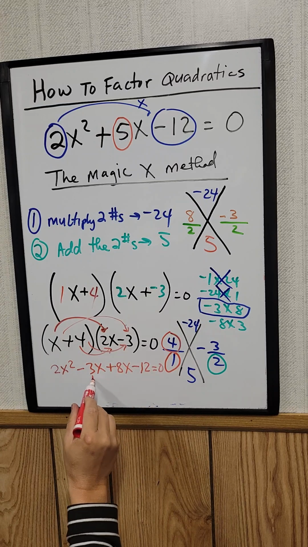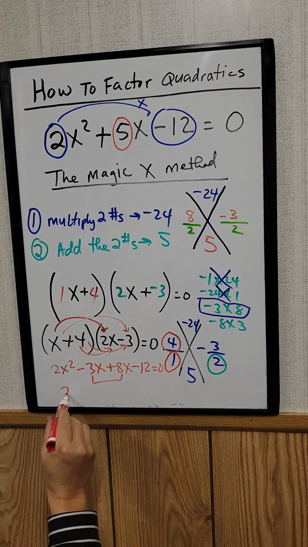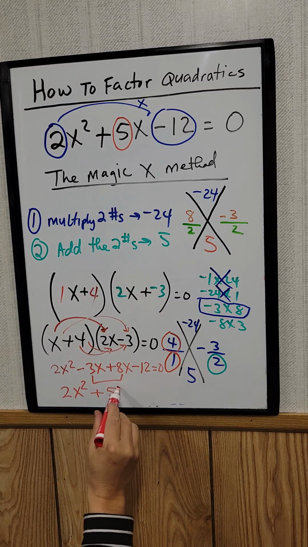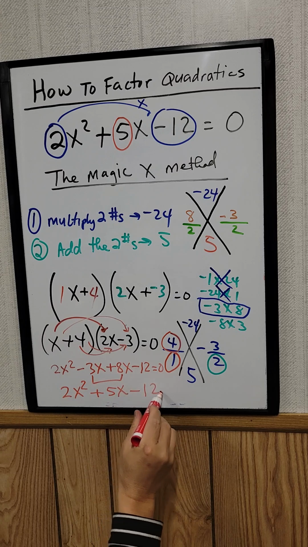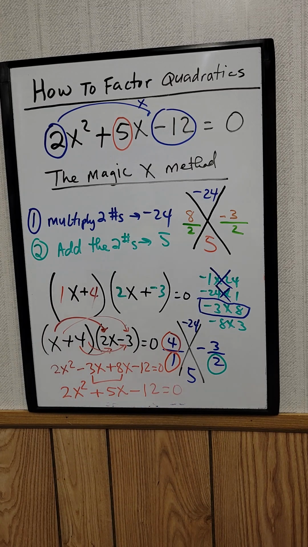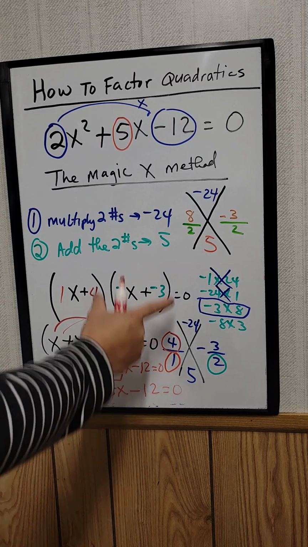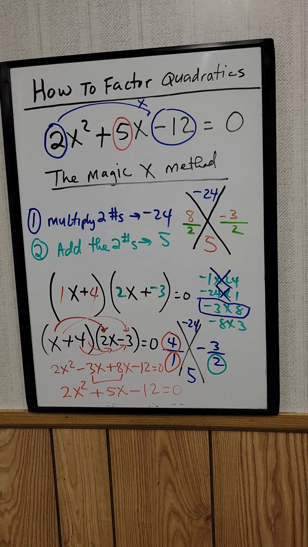And if you add like terms, 2x squared plus 5x minus 12 equals 0. So you got back the original quadratic equation.